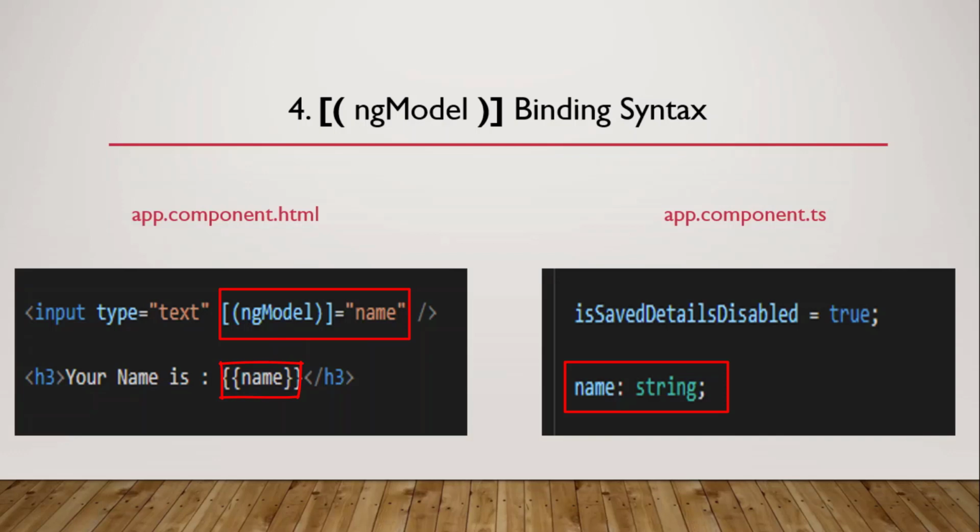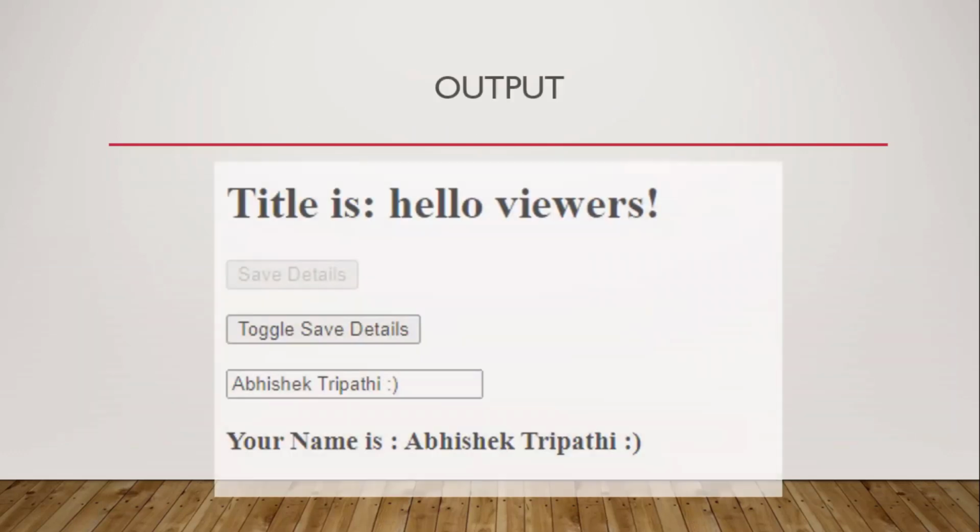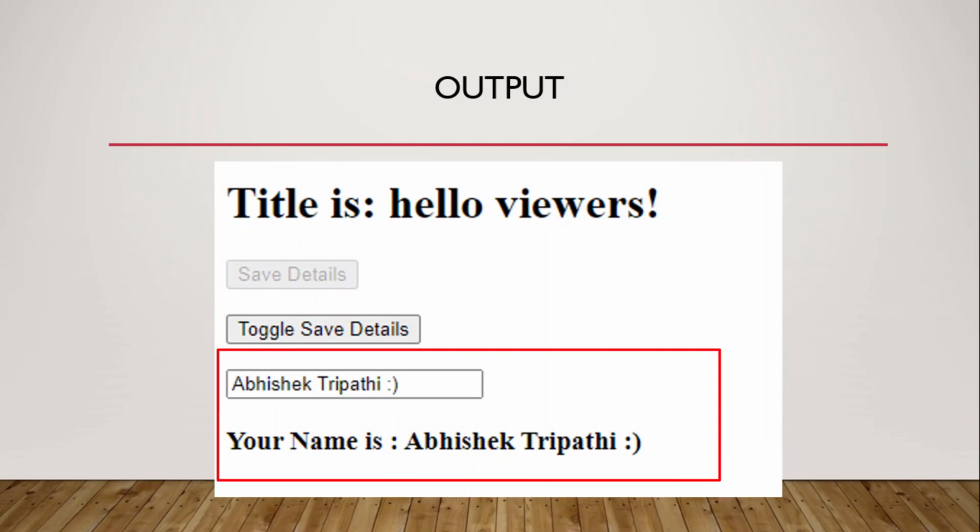Let's take a look at the output. In the last one, in the input I have written my name, and just at the bottom of that, you can see that it is already there in the label using the interpolation symbol.